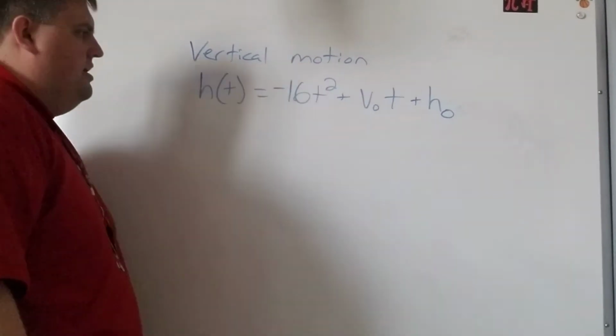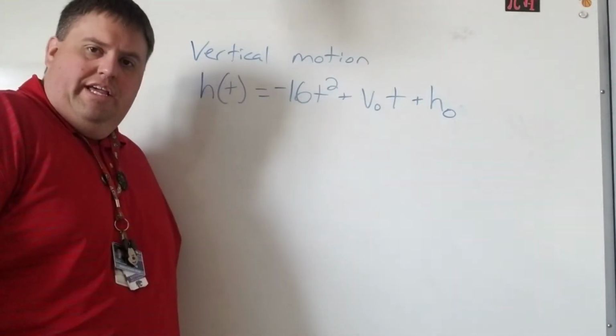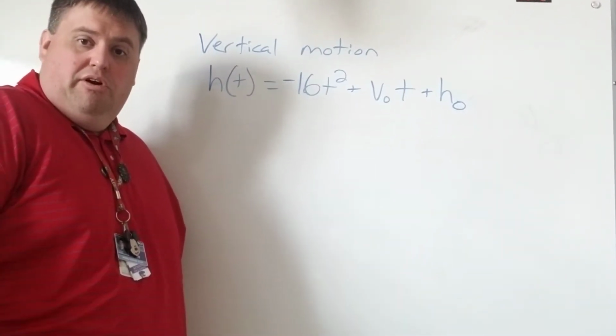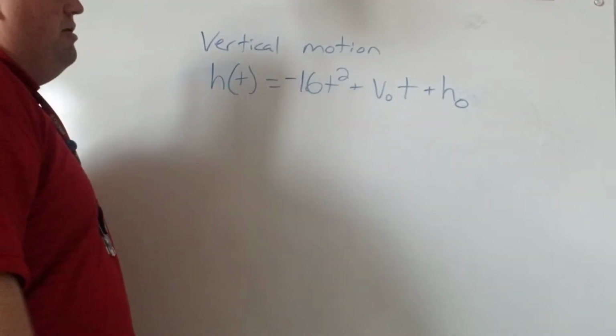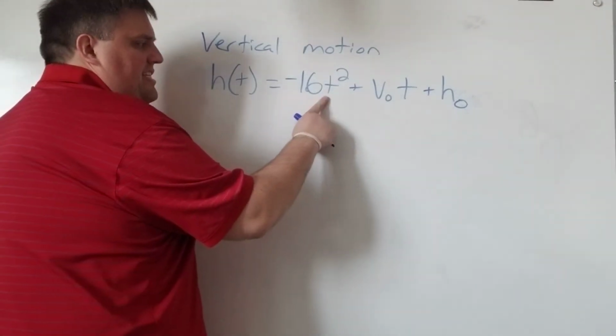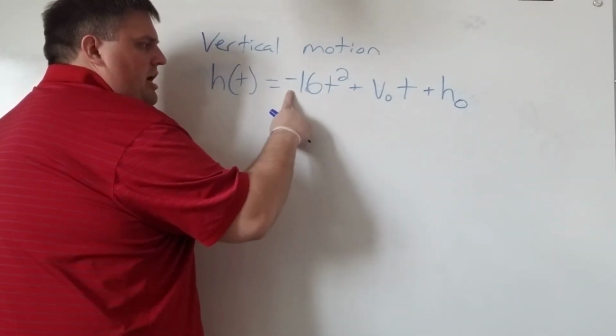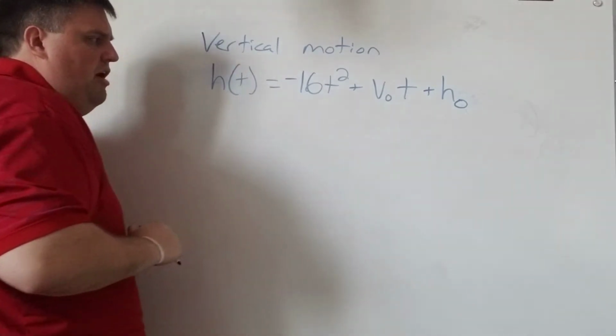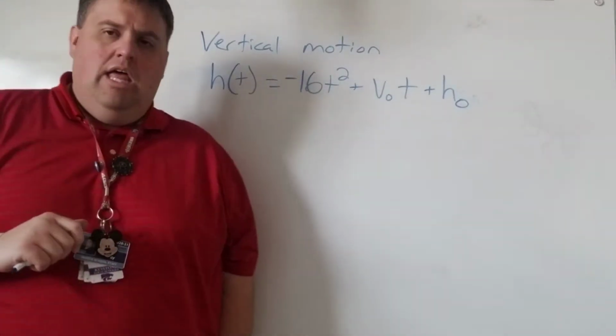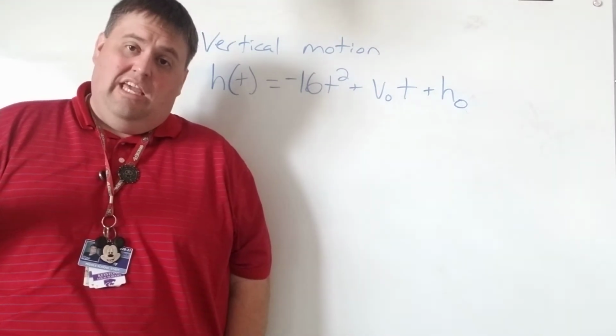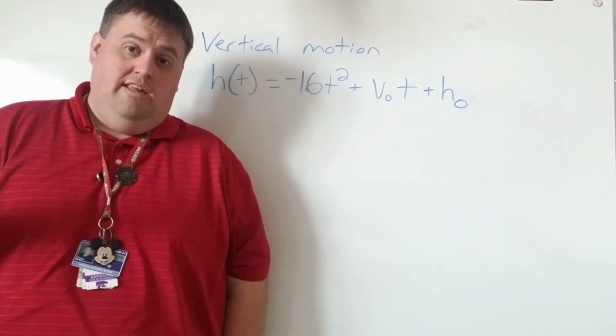So, probably wondering, what is this alphabet soup that you just wrote on the board, right? So let's talk a little bit. This negative 16 that's in front of the t squared term, our a value, if you will, is actually the constant for gravity.